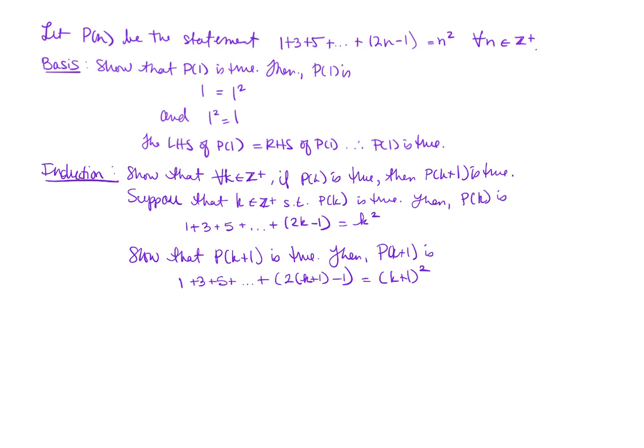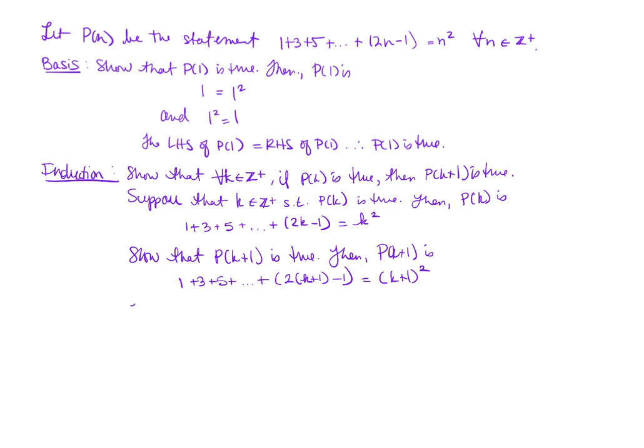So our hope here is that when we start looking at the algebra involved on the left-hand side, we can get it to the form of k plus 1 quantity squared. Because if we can, our right-hand side is already k plus 1 quantity squared. So if we can factor it down to k plus 1 times k plus 1 and get k plus 1 quantity squared, all of the hard work is done for us and our proof is finished.